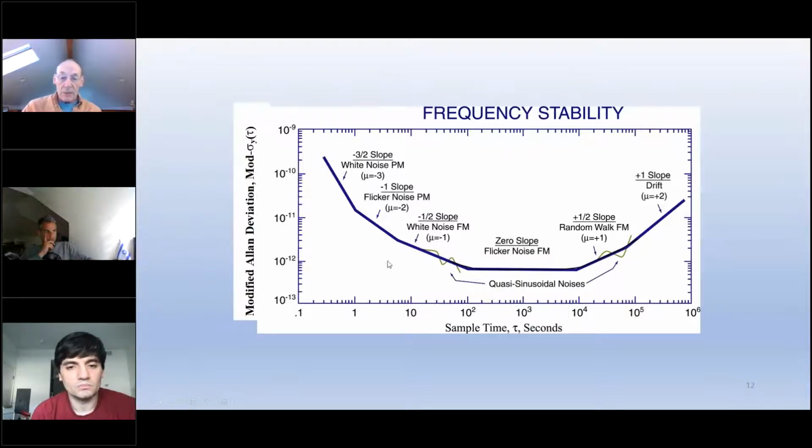But in a clock, you typically have frequency noise, and typically clocks start with white noise in frequency. Eventually, you hit a flicker floor, and eventually they start random walking up. And then there's also this stuff which is called linear frequency drift or aging. The aging of many clocks appears like this +1 slope on a modified Allan deviation.